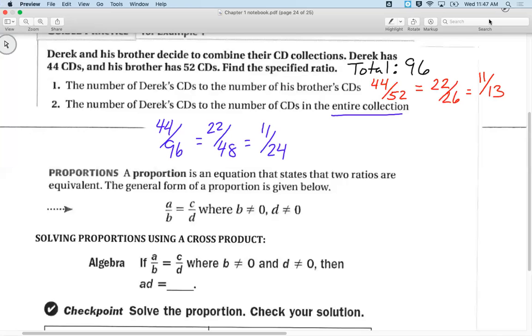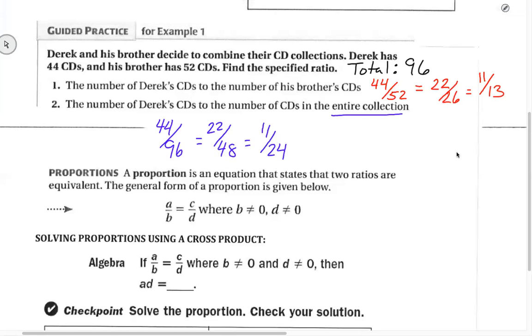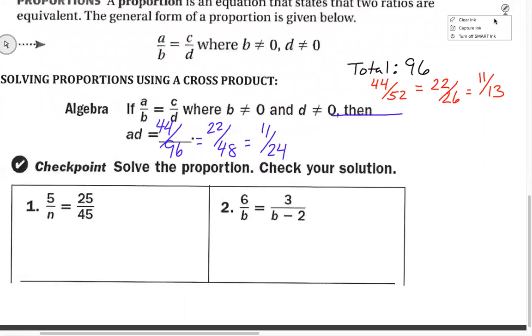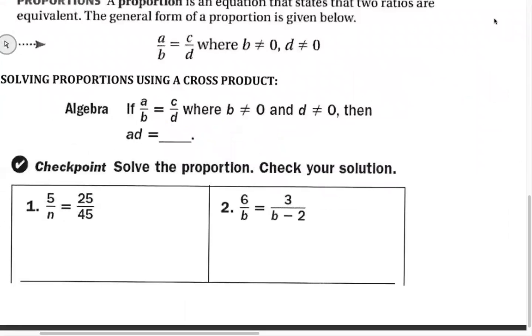Now a proportion sets two ratios or rates equal to each other. Think of the percent problems we were doing yesterday: is over of equals percent over 100. You set the two things equal to each other. So A over B equals C over D. And what this is saying is this: AD equals BC.